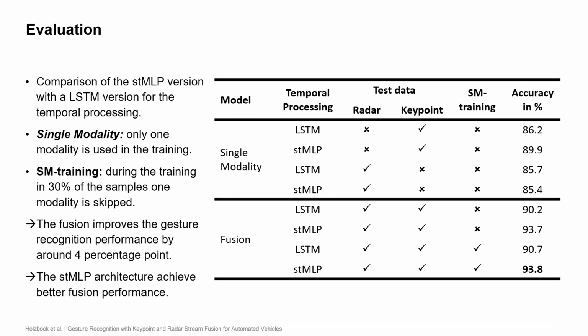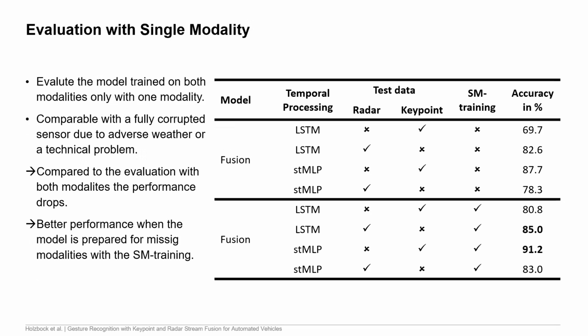As we can see in the table, the fusion results are around 4 percentage points better than the single modality. And also the STMLP architecture achieves better fusion performance than the LSTM architecture.